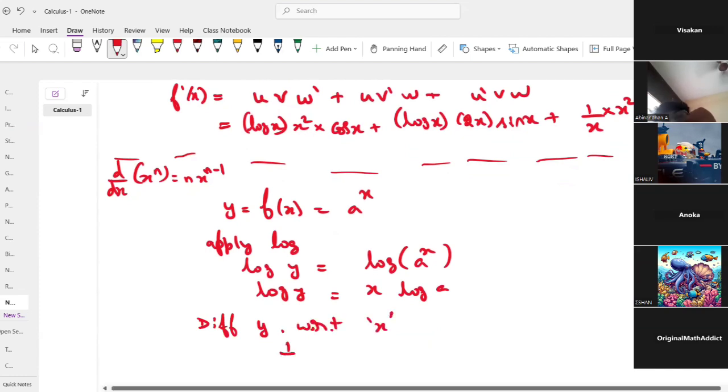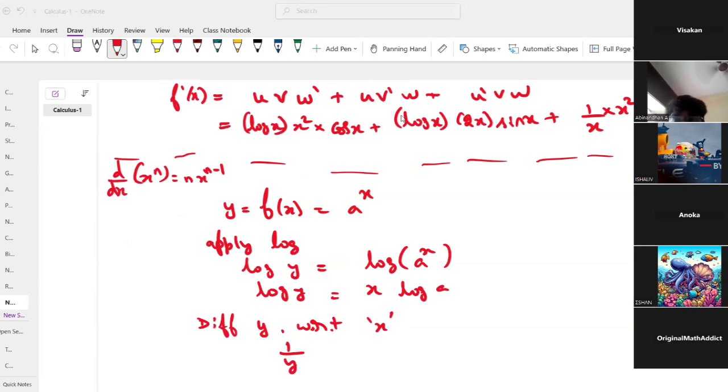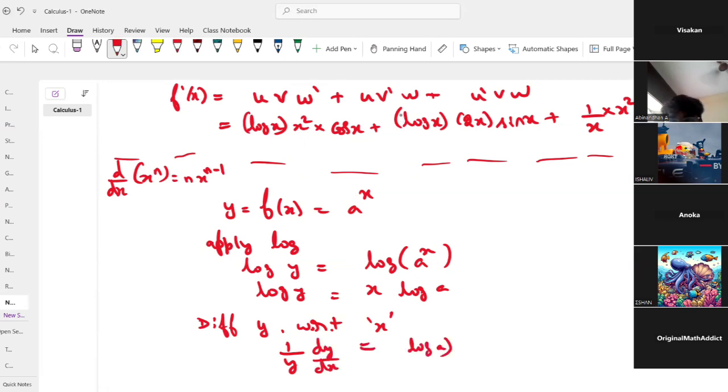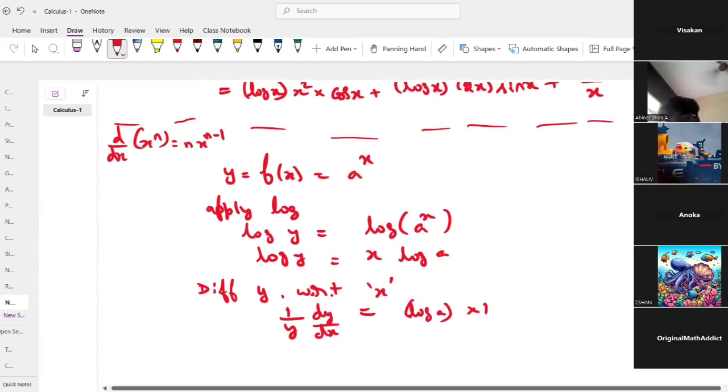So log y, just now we know log differentiation is 1 by y. Since you are differentiating y with respect to x, along with this I write dy by dx equal to x times log a. Log a is just a constant. Differentiation of x is going to become 1. So dy by dx is equal to y times log a.